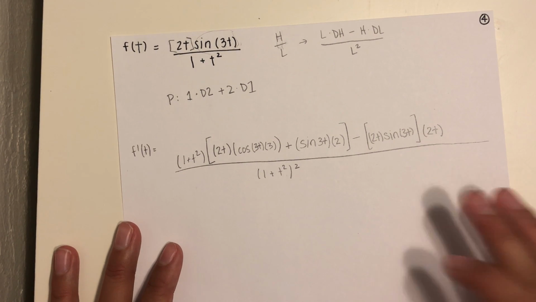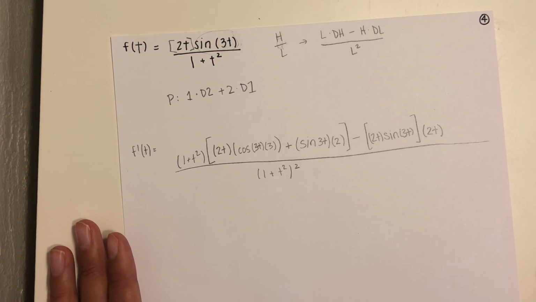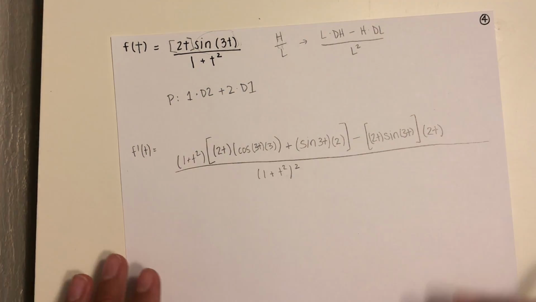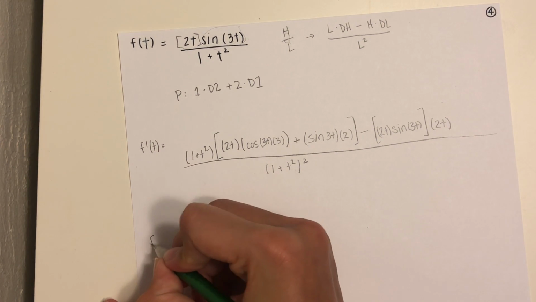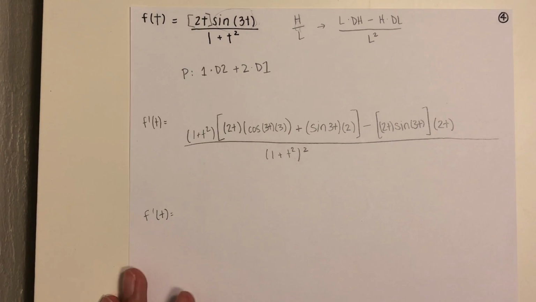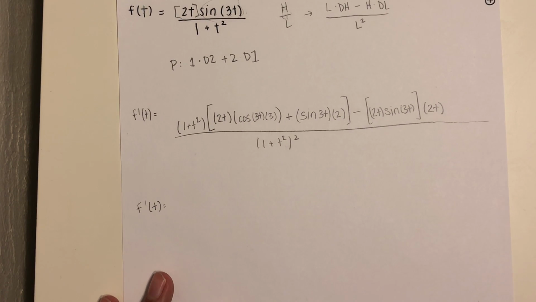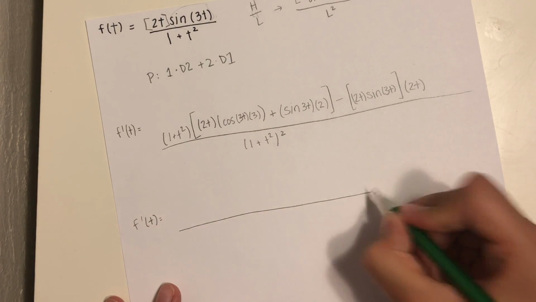Now, technically this is the answer because you've done all the rules, but you've got to go through and see if it simplifies, not necessarily, because very rarely will these simplify nicely. But clean it up so that your professor has an easier time looking at it. So I'm going to draw this out again.